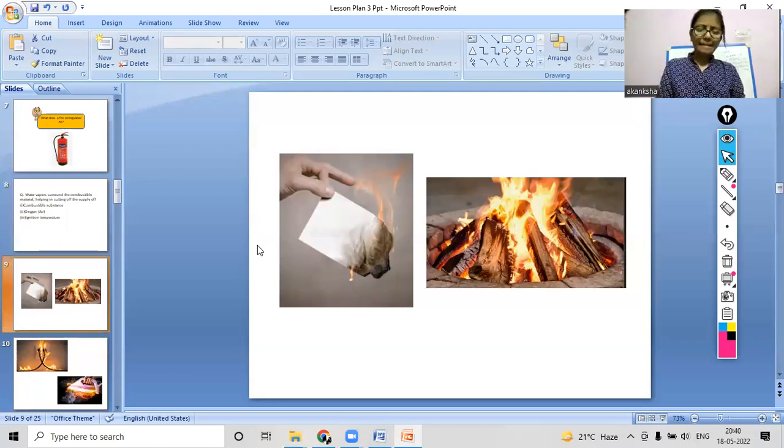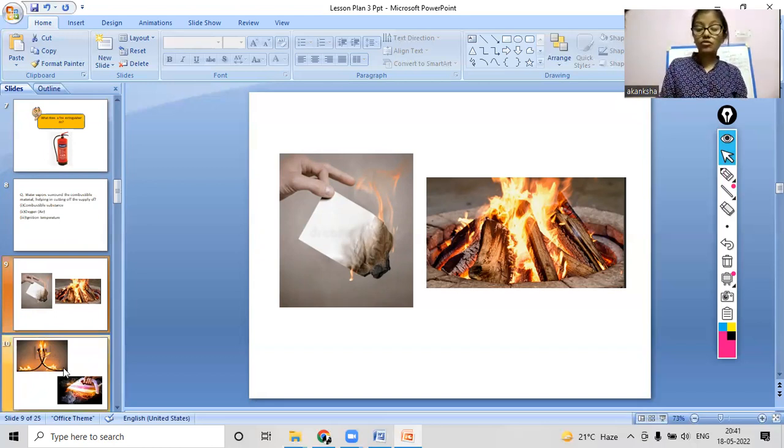So if both of these things are burning, how will you extinguish this fire? Okay, we can extinguish it by putting water on it. Yes, your response is right. We can extinguish this fire by putting some water on it, right?